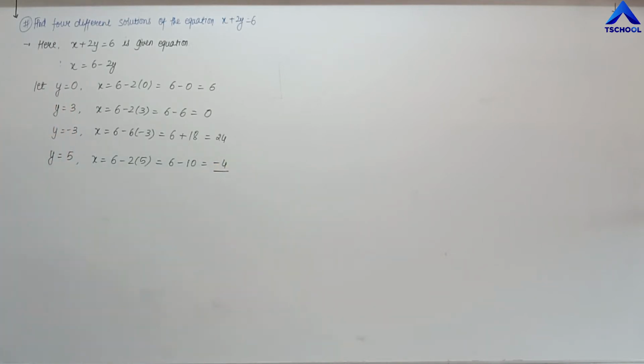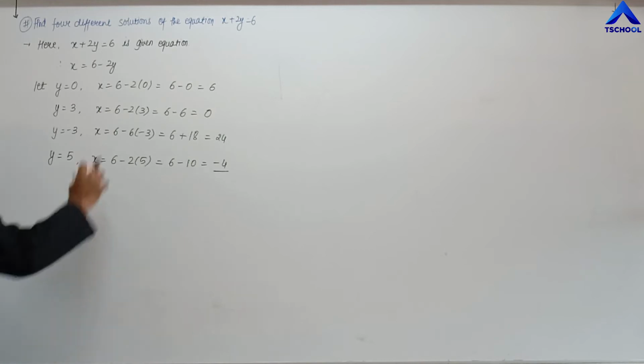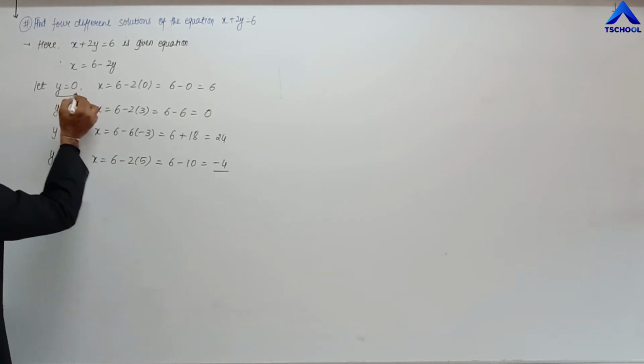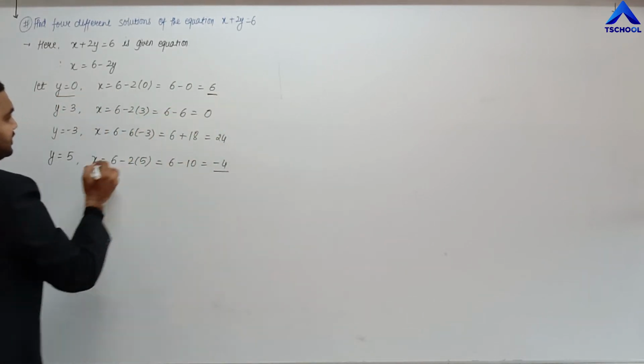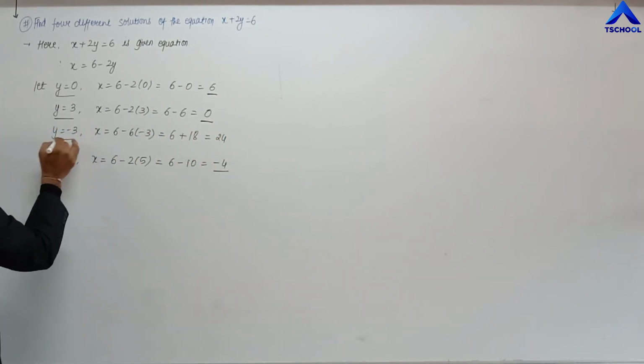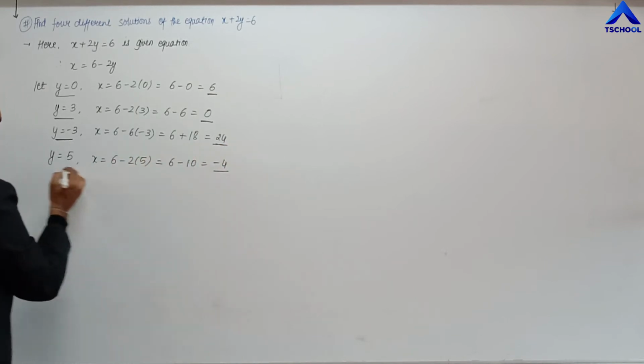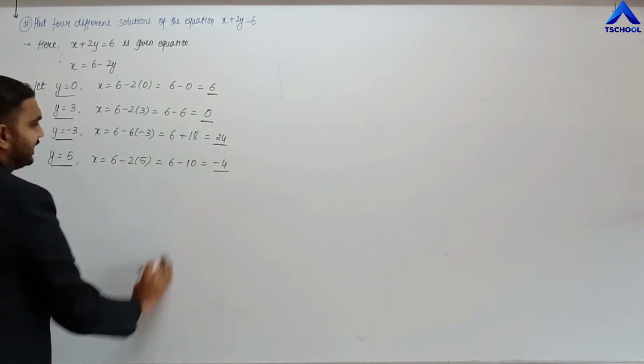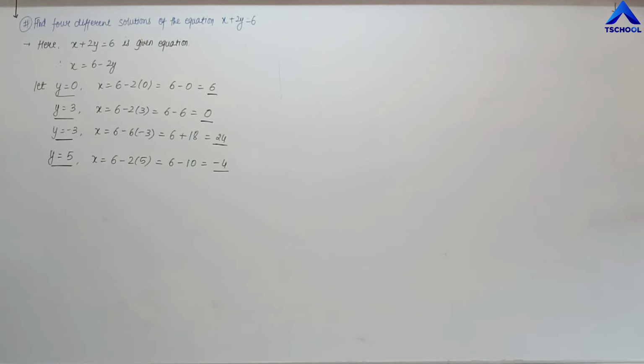So we got 4 different values of x for 4 different values of y. So if y equals 0, x equals 6. If y equals 3, x equals 0. Y equals minus 3, x equals 24, and y equals 5, that is x equals minus 4.